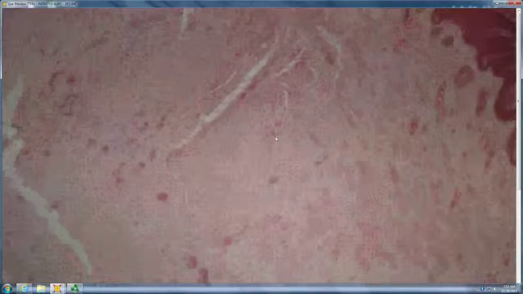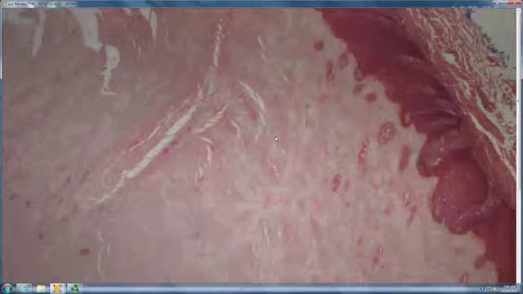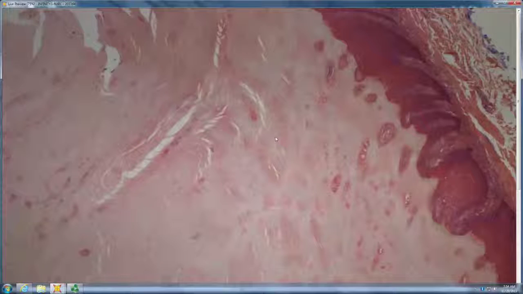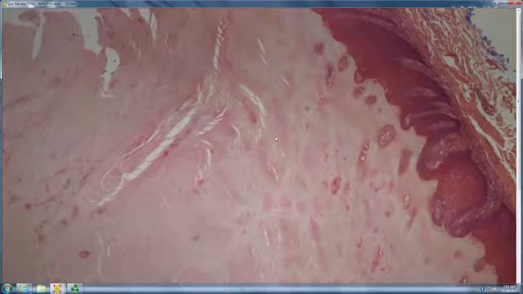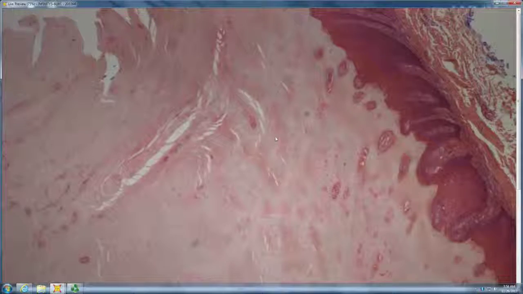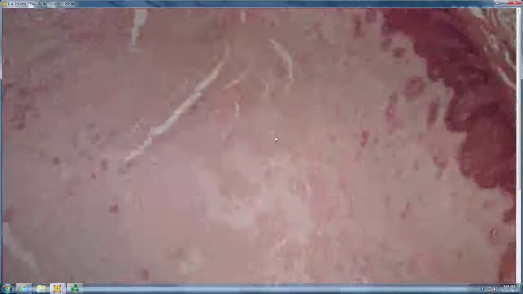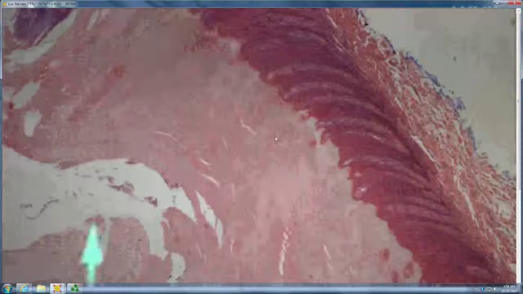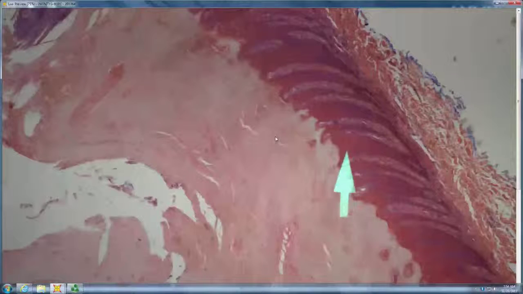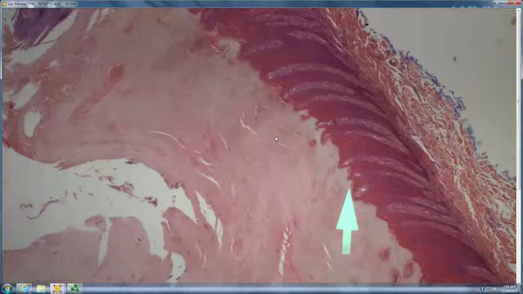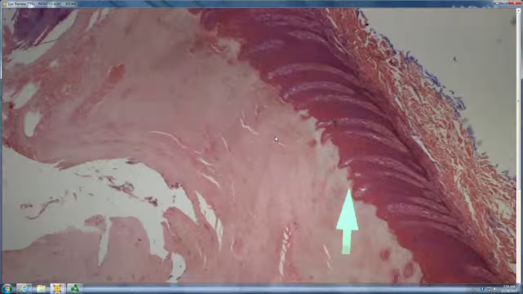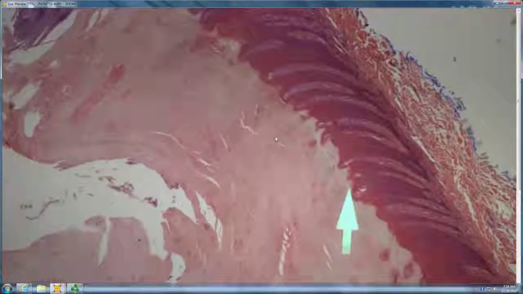I see. So this is very hyperkeratosis with the granular layer disappeared. So it's ichthyosis vulgaris. So there is massive hyperkeratosis with granular layer gone. It's a little thick for ichthyosis vulgaris. I mean, this is very, very thick.